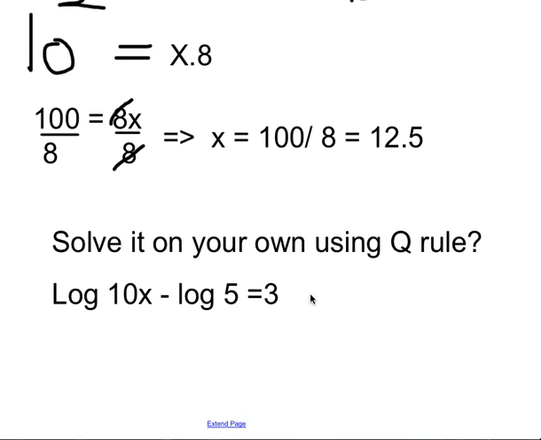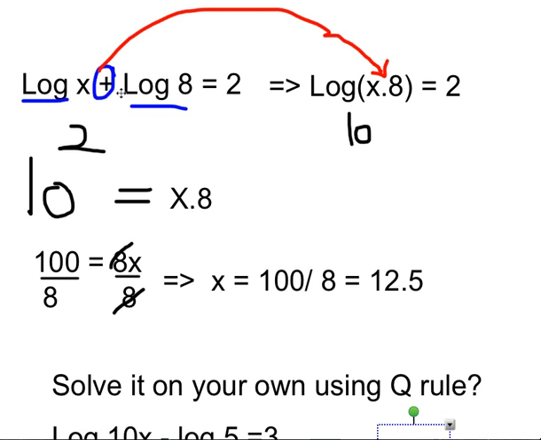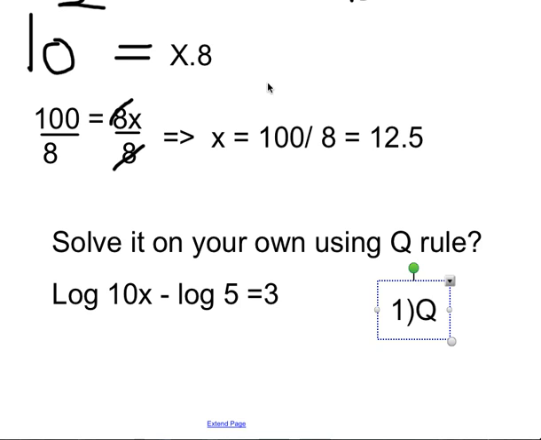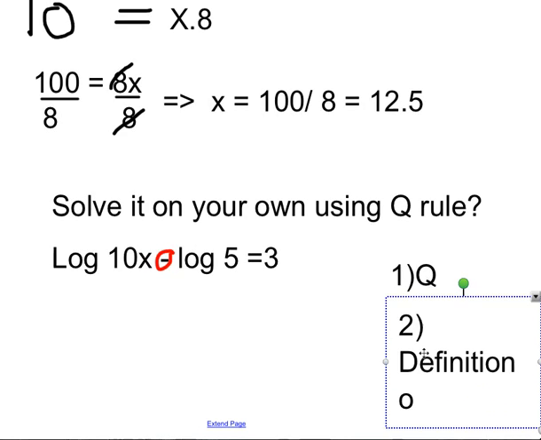What you're gonna do, first step, is apply the quotient rule, like here I applied the product rule. You have a subtraction sign here, so you're gonna apply the quotient rule. The second step, in order to find what x is, is to use the definition of log. What was the definition of log?